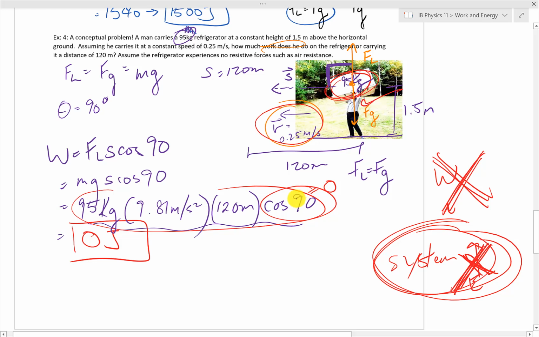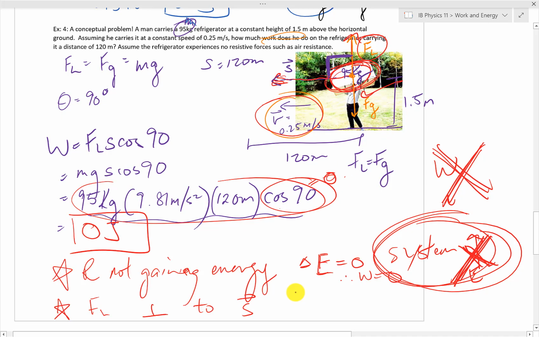And the other thing to look out for is the fact that the lifting force has no component in the direction of displacement. So by definition, this force does nothing in terms of doing work on this refrigerator, or doing useful work on the refrigerator going in that direction. Hence, cosine 90 being 0.